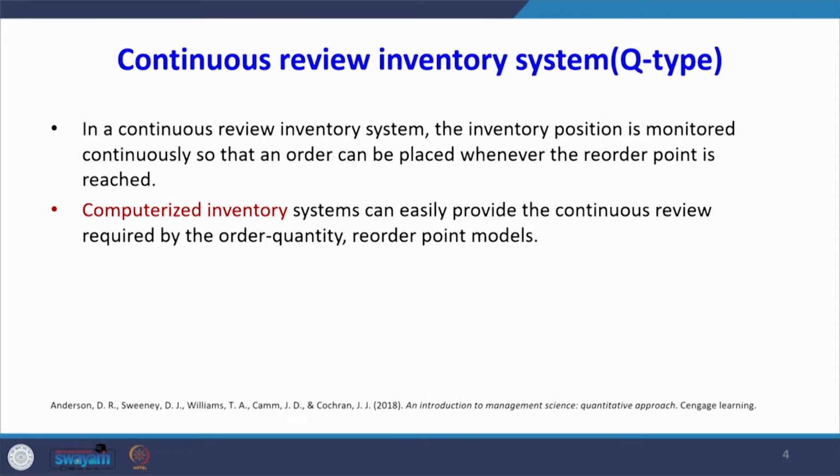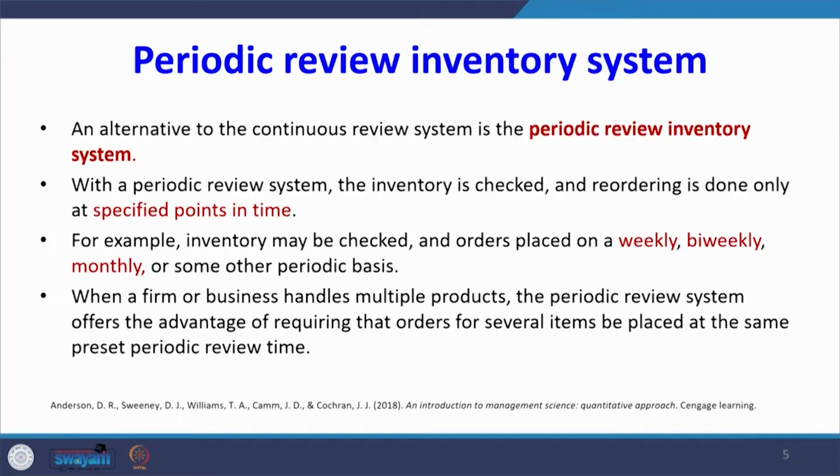What I am trying to say is that to know the ordering quantity and the reorder point, the whole inventory system has to be monitored closely. So this Q type inventory system is somewhat more complicated.